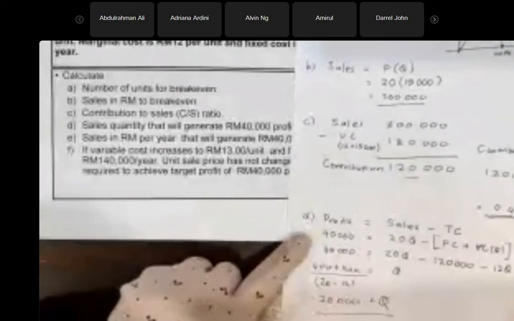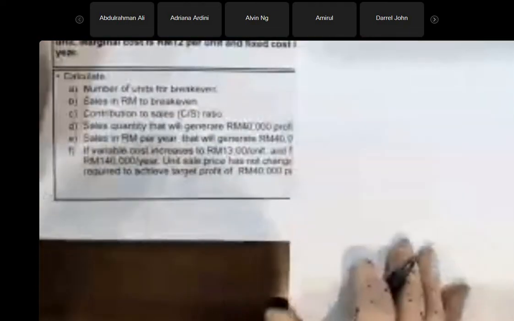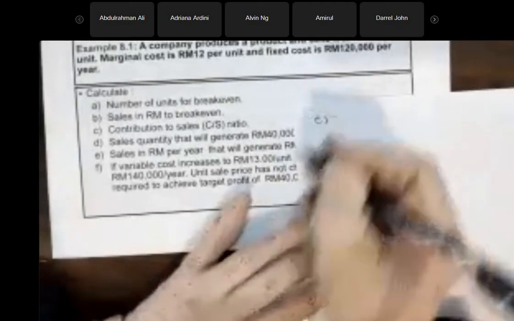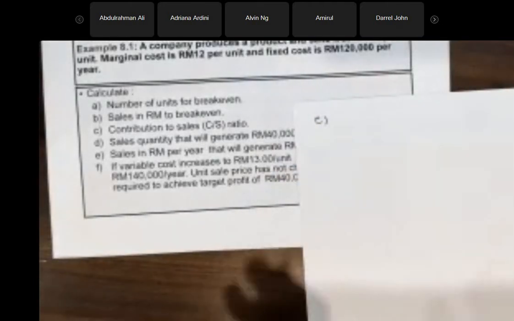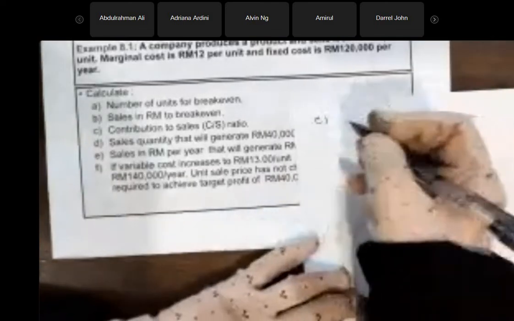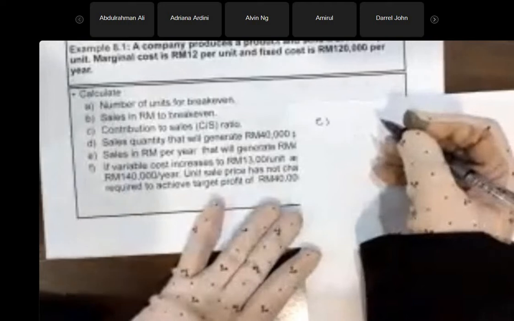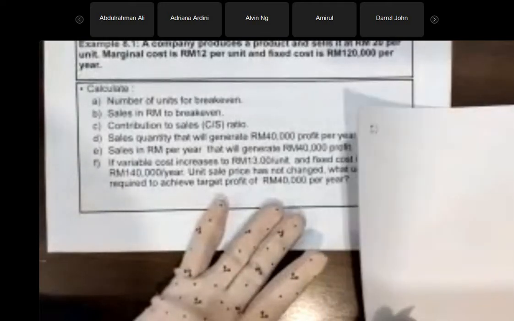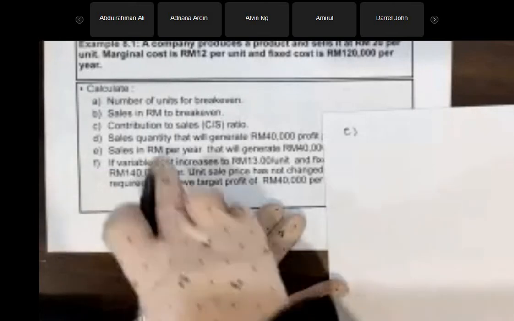This one, D. Okay, now go to E. Sales quantity that will generate.